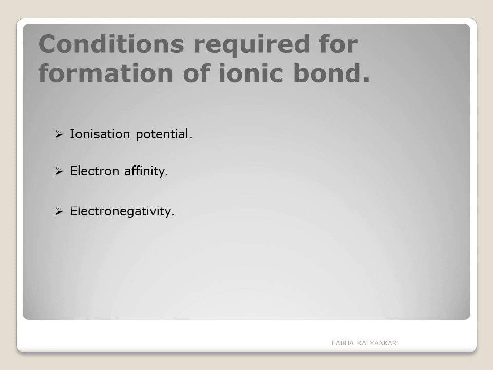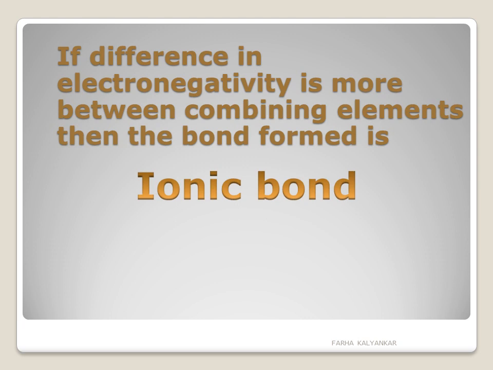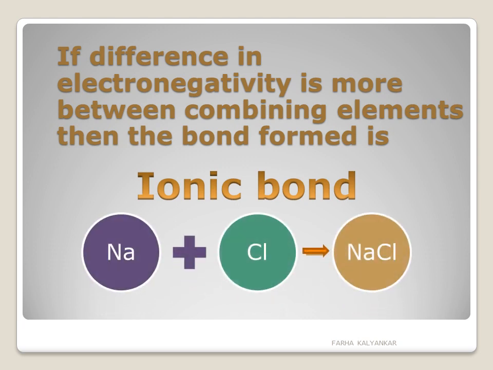The third condition is electronegativity. If the difference in electronegativity is more between combining elements, then the bond formed is an ionic bond. For example, the electronegativity of sodium is 0.9 and that of chlorine is 3.